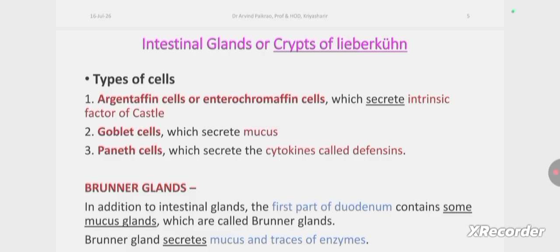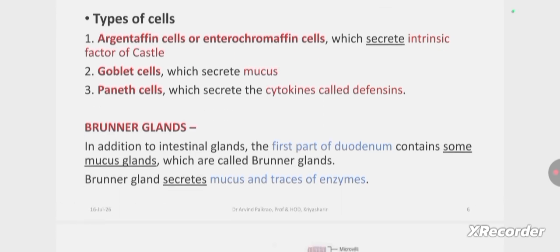What are its types? There are three types of intestinal gland. One is argentaffin cells, also known as enterochromaffin cells, which secrete intrinsic factor of Castle, which is very important for absorption of vitamin B12. Next is the goblet cell, which secretes mucus. The third one is the Paneth cell, which secretes cytokines, along with defensin and cathelicidin.